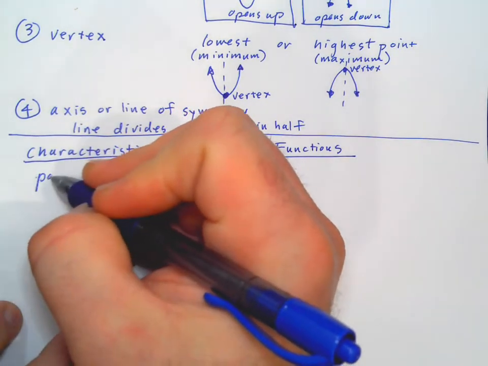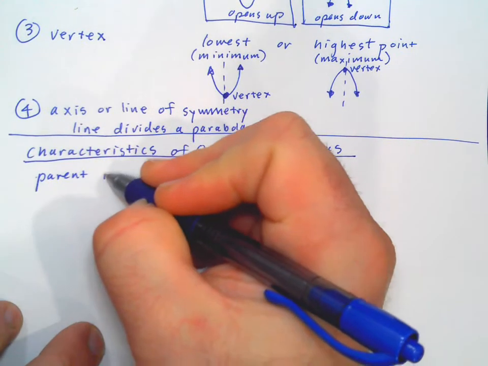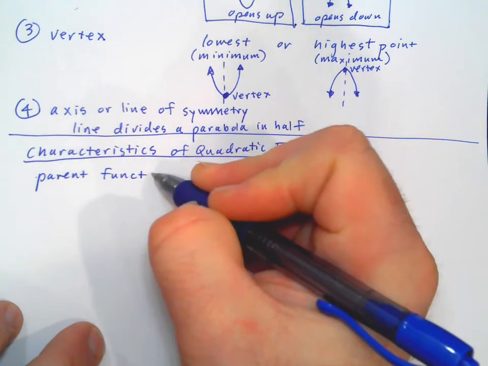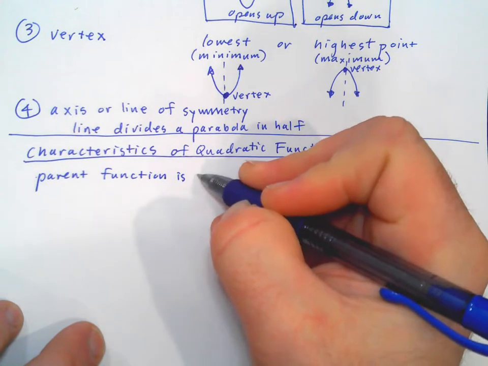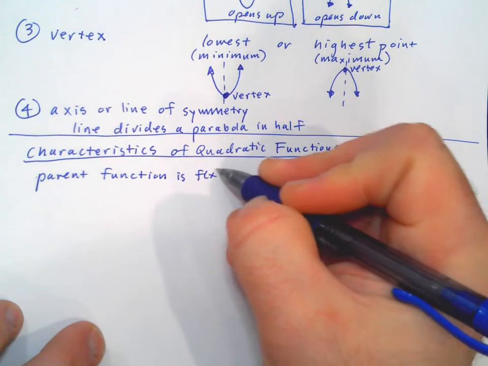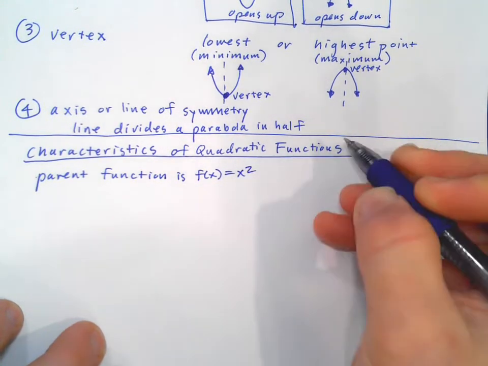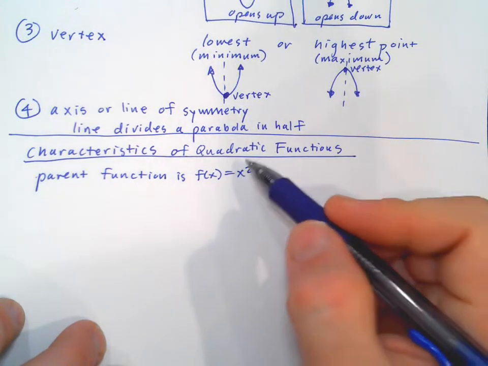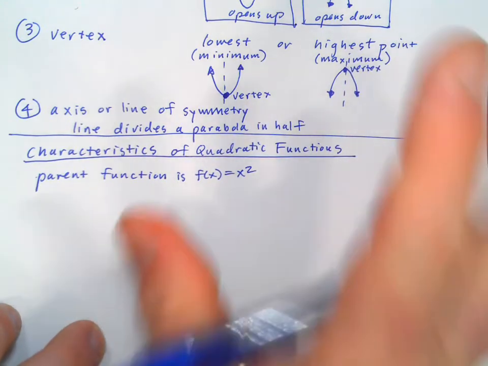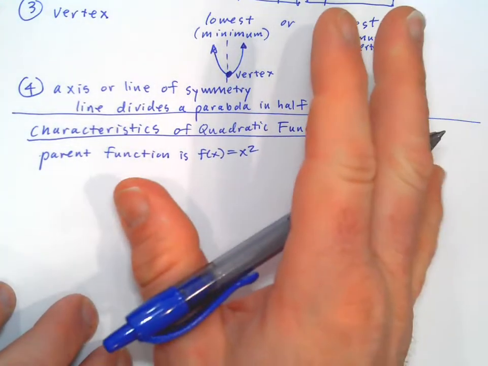The parent function. Parent quadratic function is f of x equals x squared. So you'll notice the difference up here is that there's no a right here. That means a equals 1. So this is like the main one, and all the other ones are based off of this.